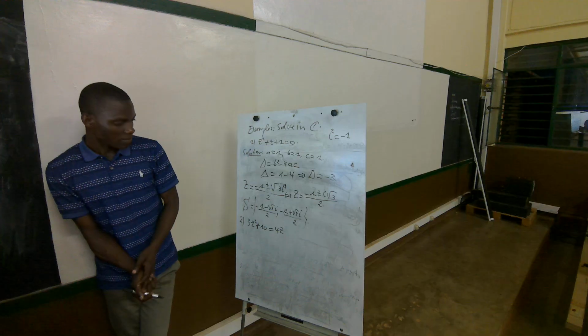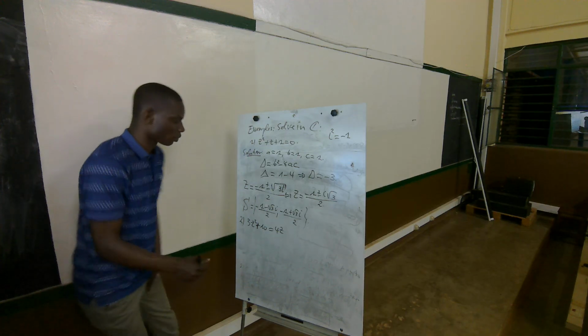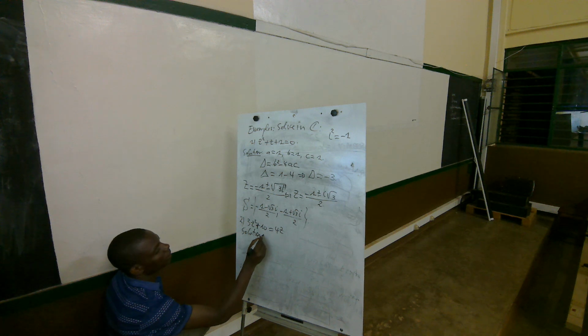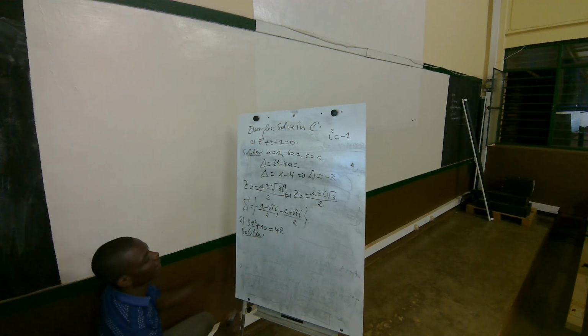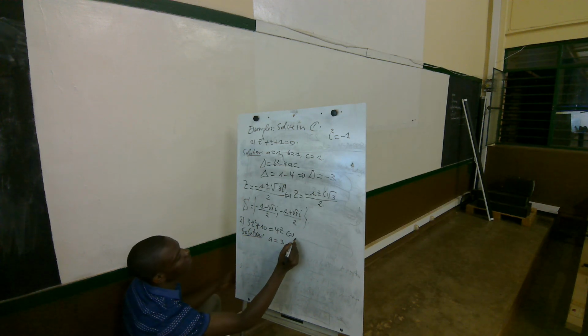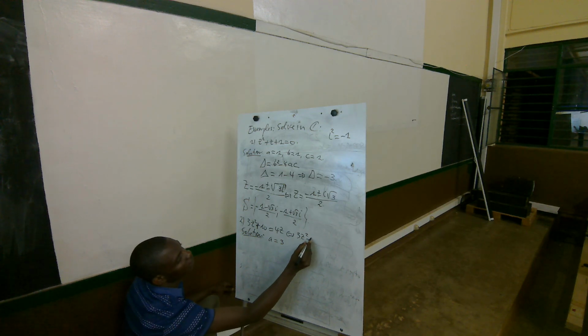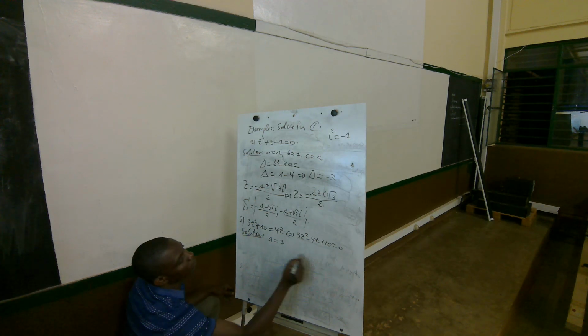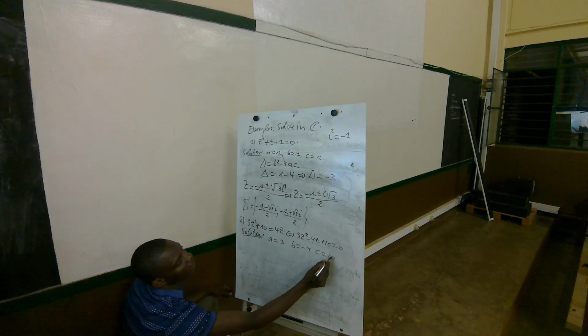Now, solution. First, a is equal to 3. We can write this one as 3z squared minus 4z plus 10, which is equal to 0. And you find that b is equal to negative 4 and c is equal to 10.